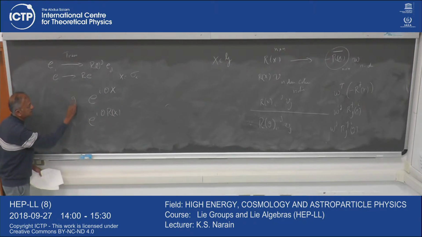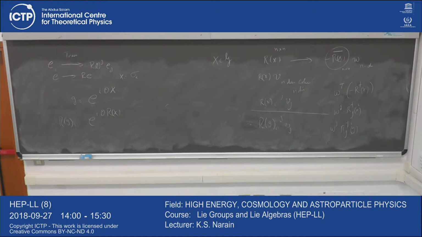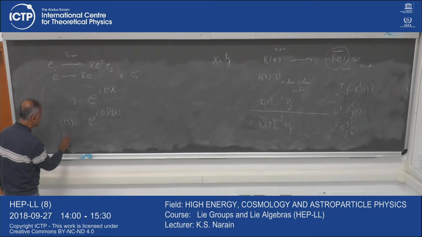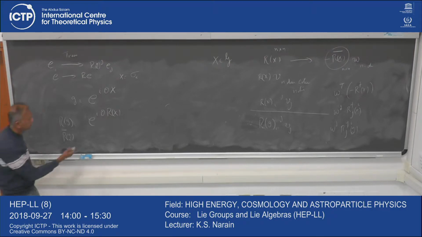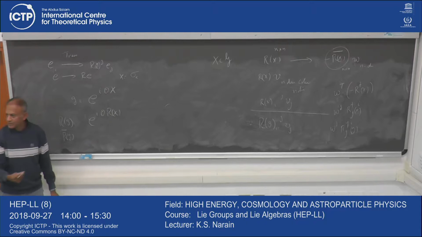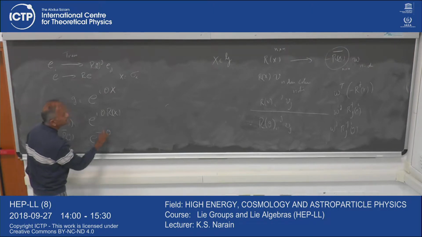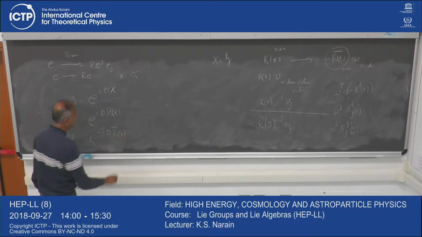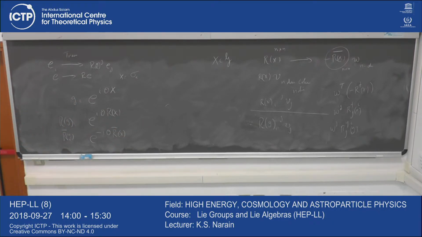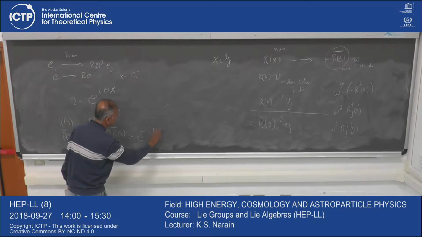Let's say this is g, then we'll call this Rg. On the other hand, let's call R bar g the complex conjugate representation. There I just exponentiate the complex conjugate representation of x, so that will be e to the power of i theta R bar, which is the same as e to the power of minus i theta Rx.